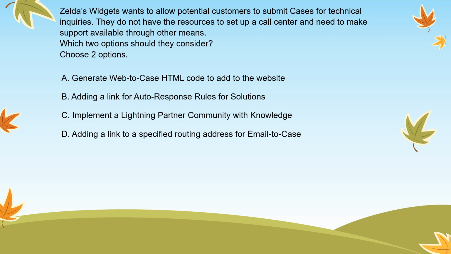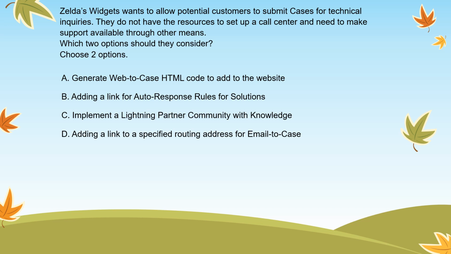So we do know that in Trailhead, we learned how to generate a web-to-case HTML code and add it to our fake website. So we know that A will work. And D, once we have that HTML code, we will add it to the website and it will make a case to email. Case to email is a big thing. It will come up a few times probably on your examination. So just remember, you can create the HTML code.